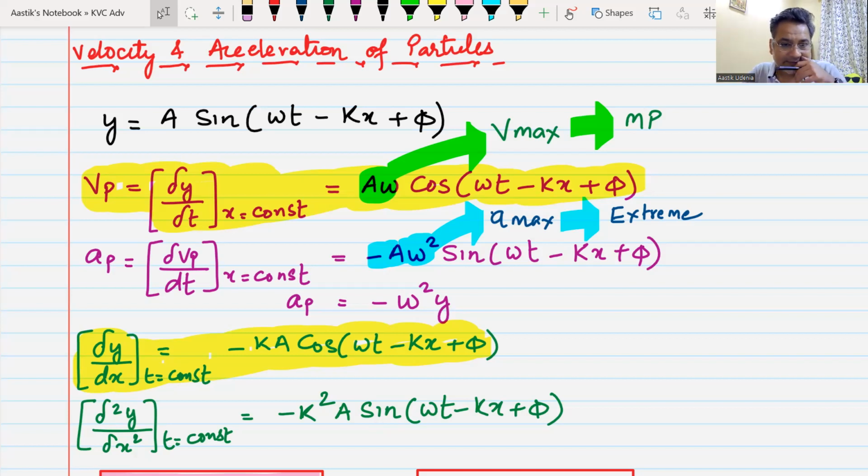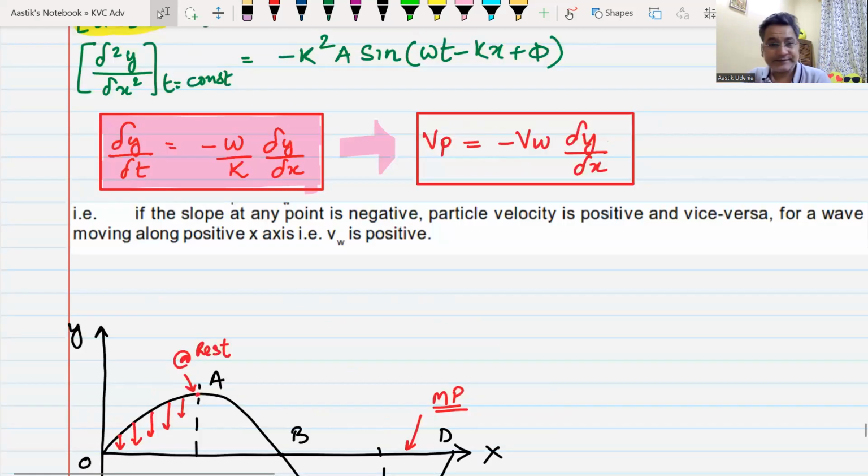Do we remember this, particle velocity, wave velocity? We remember, sir.